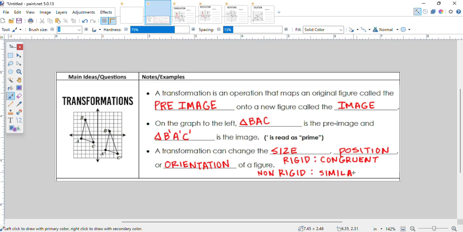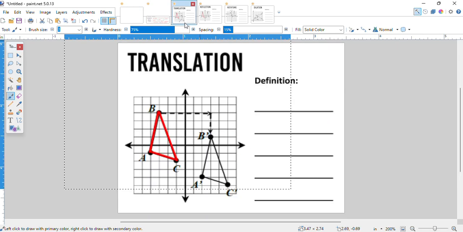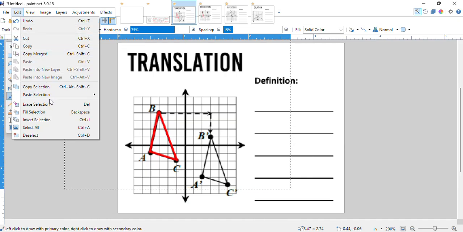And we're going to discuss similarity next week. But first, I wanted to look at rigid and non-rigid transformations and talk to you a little bit about them. So we're going to do a small deep dive into these shapes and what is happening here, okay?